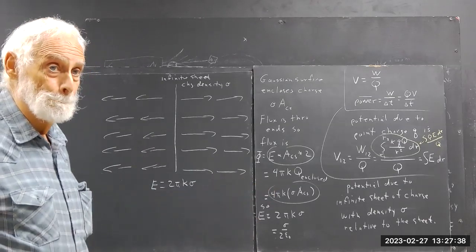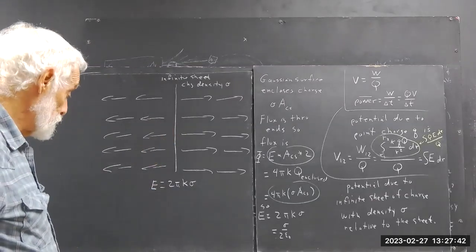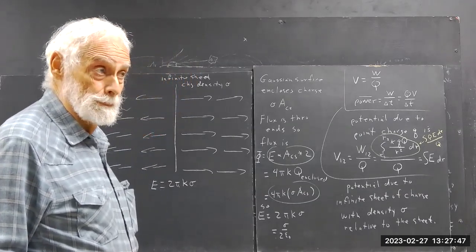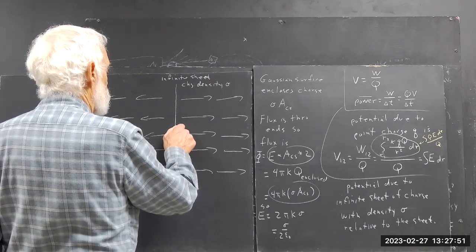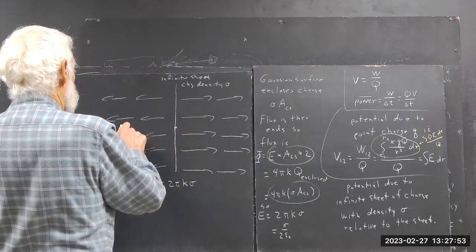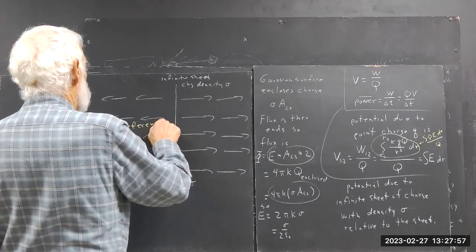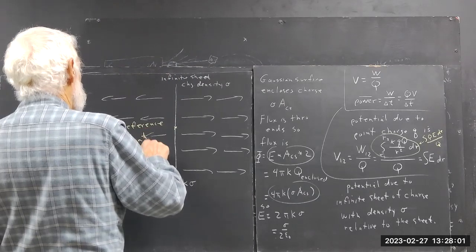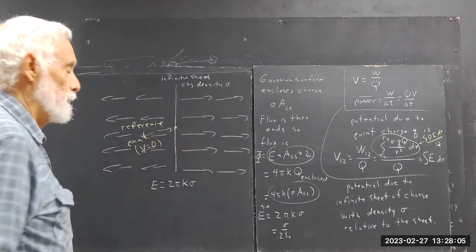What's potential? Now, potential is relative to the position of the chart. So you want to calculate the work. This is your reference point, V is 0.